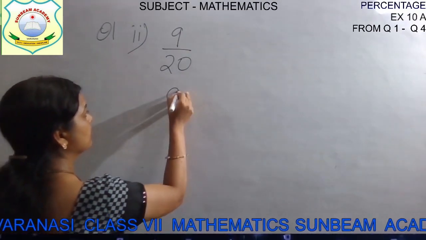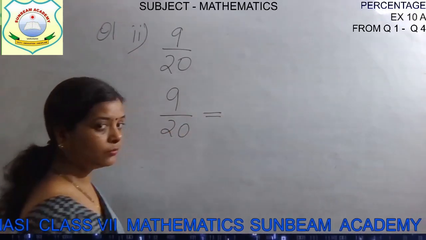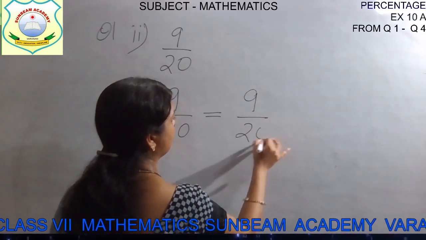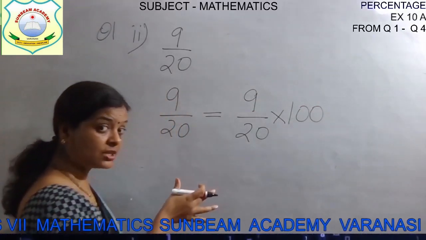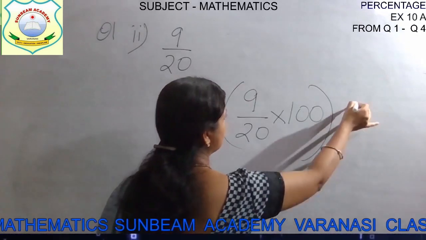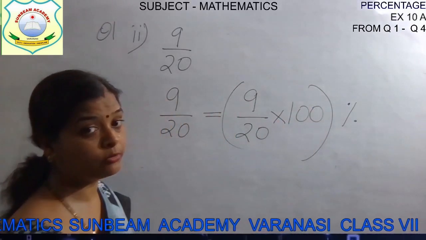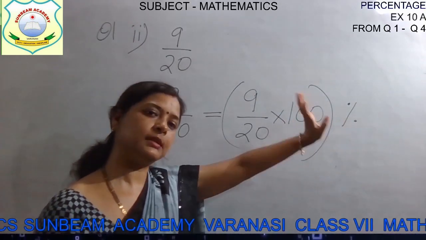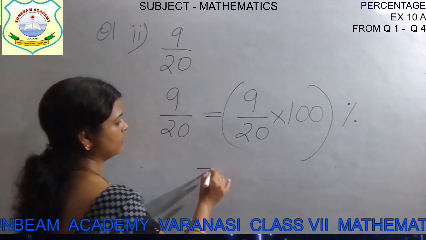So whatever number is given, 9 by 20, you have to multiply this fraction by 100. And once you multiply by 100, put the percentage sign also.